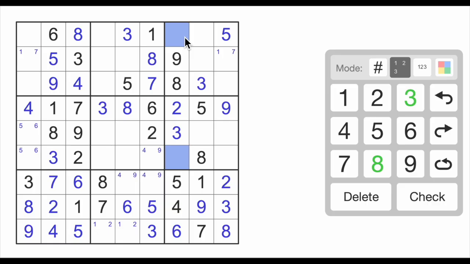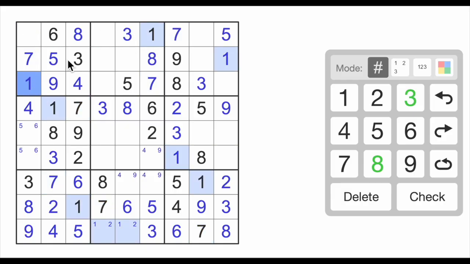And these are now down to 1 and 7. But here's 1. So this will be 7. That gives me 1 here and 1 here. That gives me 7 here. And this one blocks here, so 1 will be here.